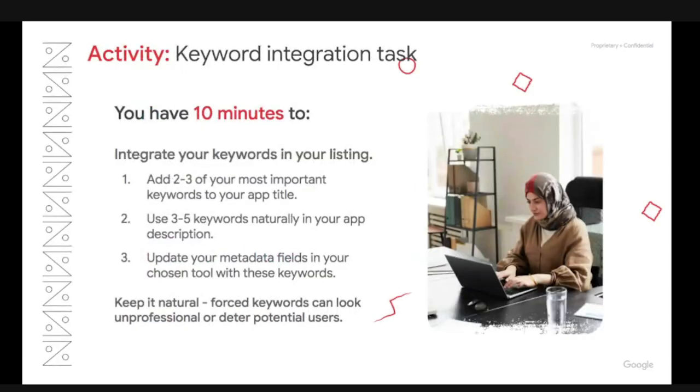So here's an activity, the last activity for the day. It's about integrating your keywords in your listing, all right? So I will give you about 2 minutes to think about the keywords. You don't need to be correct. Think about the keywords that you truly believe, if they're in your description, those 3 keywords will definitely make a huge difference in your app. So we've used Mukuru.